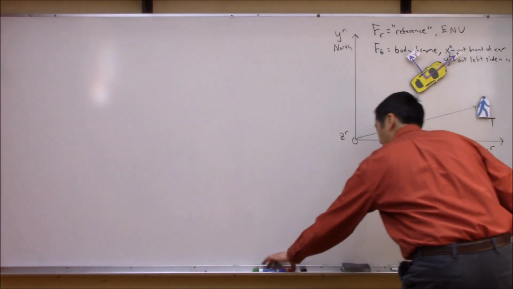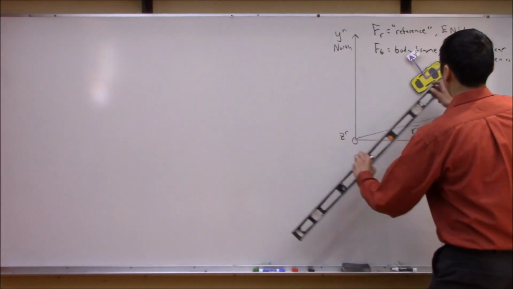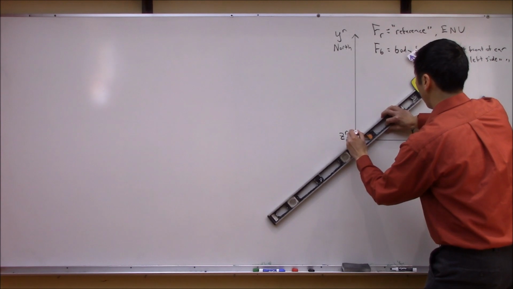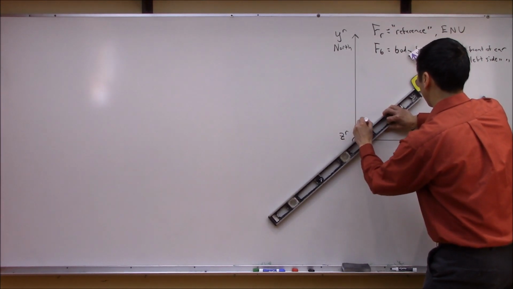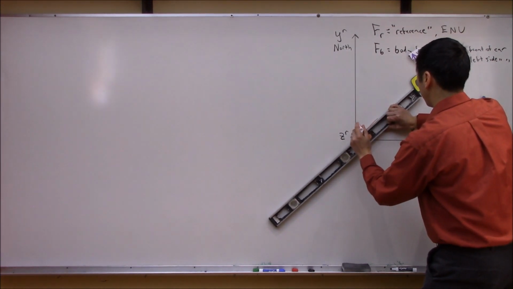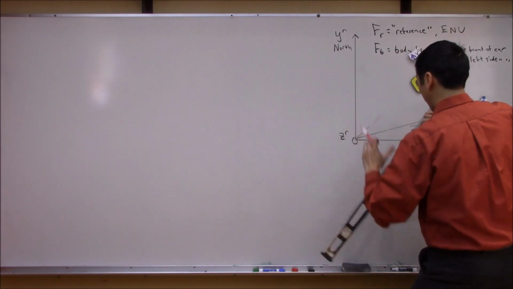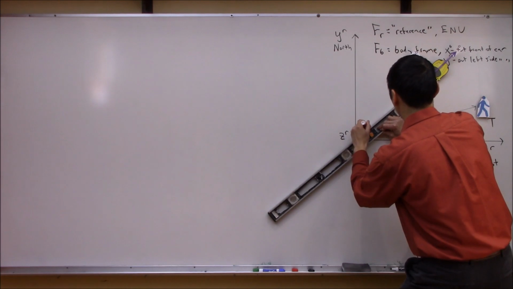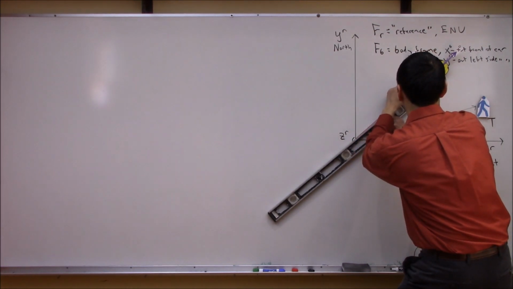Okay, let's use another color for this vector. So I'm going to draw a vector from, okay, like this. Ah, shucks, I have a hard time holding this thing straight. This whiteboard is surprisingly slippery. Okay, there we go.